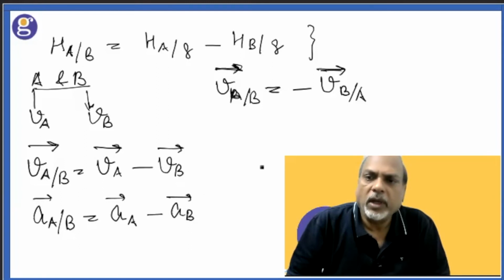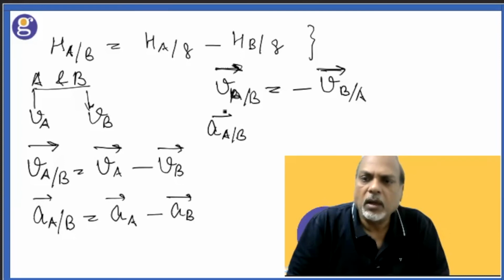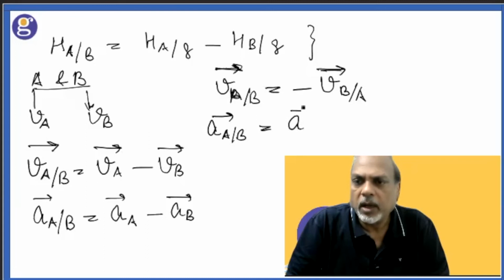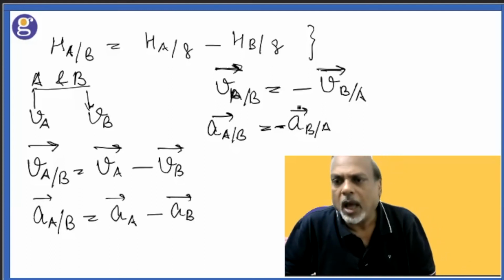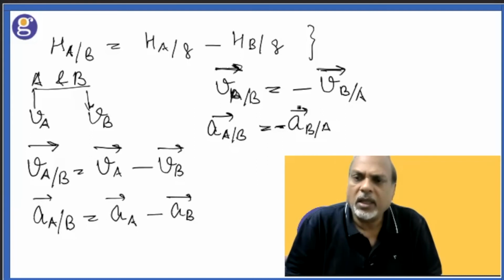So likewise, acceleration of A with respect to B will be acceleration of B with respect to A, with, of course, a minus sign. They will be opposite in direction to each other and they will have the same magnitude.